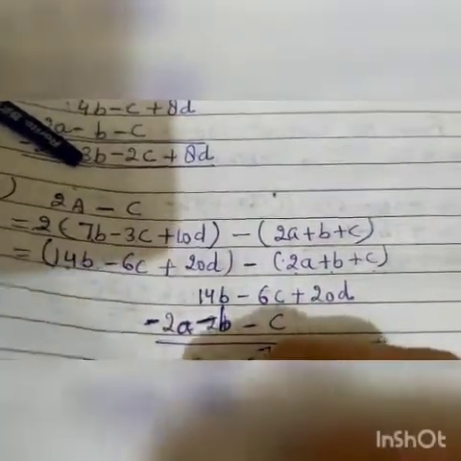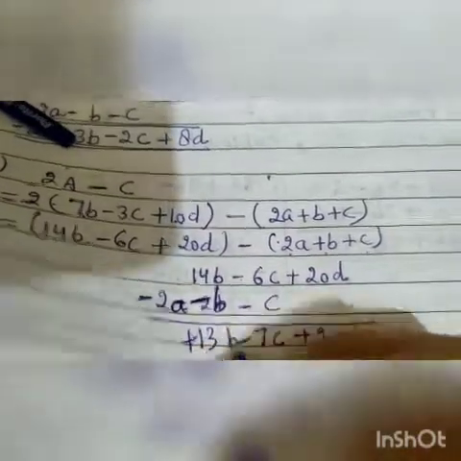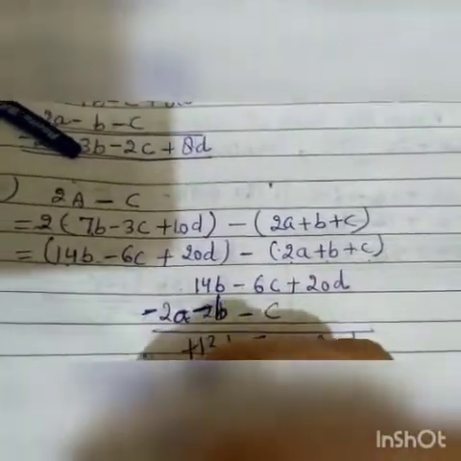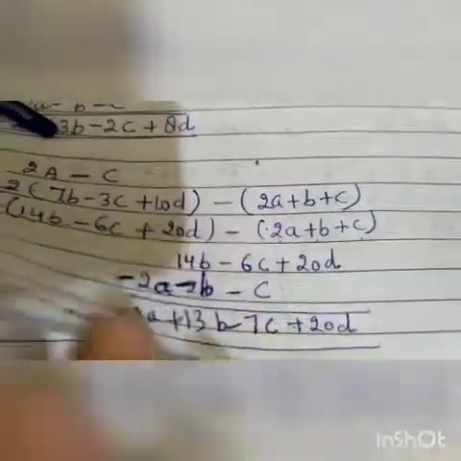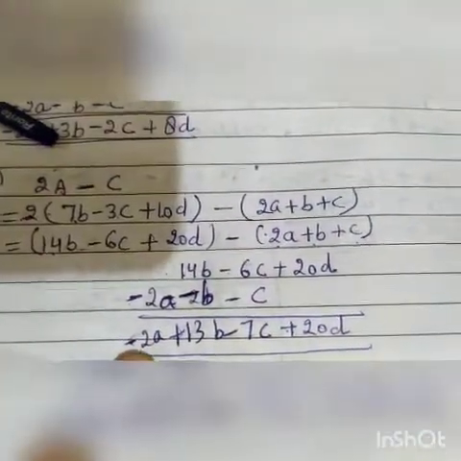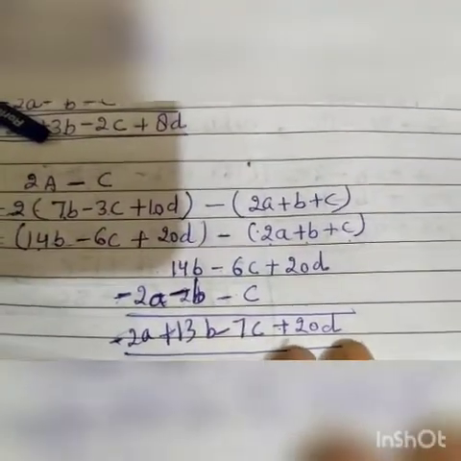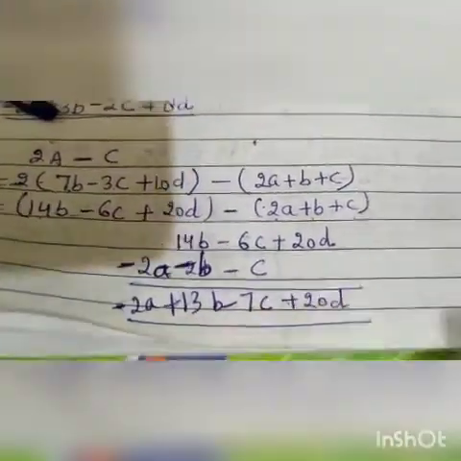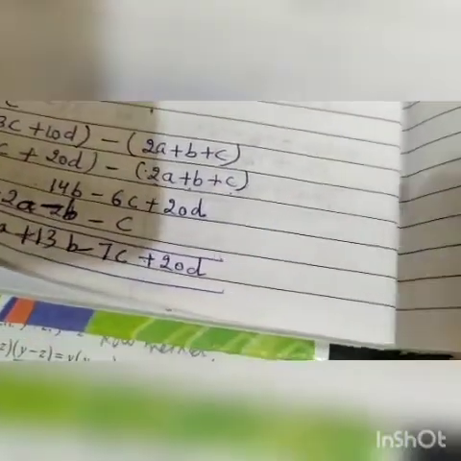It will be plus 13b, then minus 2a, again minus 2a will be written as it is. So it is minus 2a plus 13b minus 7c plus 20d. Our third question is completed.